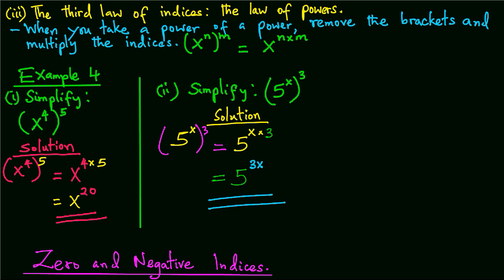We are to simplify x power 4, all raised to power 5. In our solution, we remove the bracket and multiply the indices. Here the indices are 4 and 5, and therefore we will have x raised to power 4 times 5, and that gives us x raised to power 20.